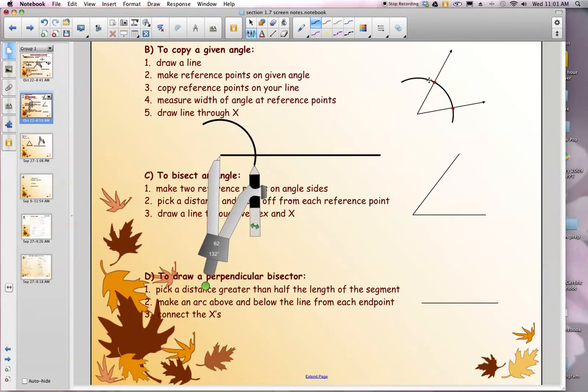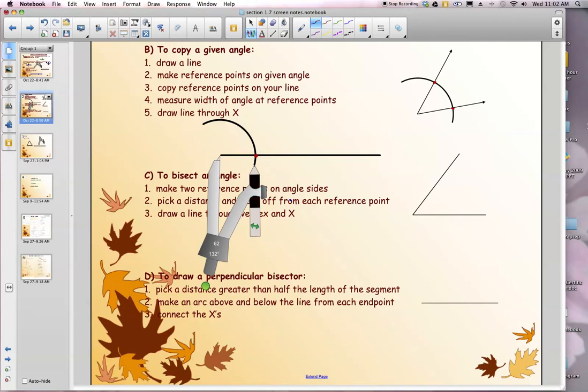This arc is exactly the same as this arc. This reference point is going to be right here. That's this one. You can see that this segment is going to be exactly the same length as this segment. What you need to do now is find this other reference point. It's up here somewhere. The question is, how far away is it?